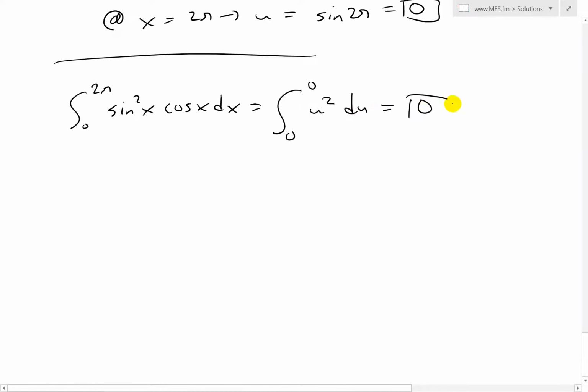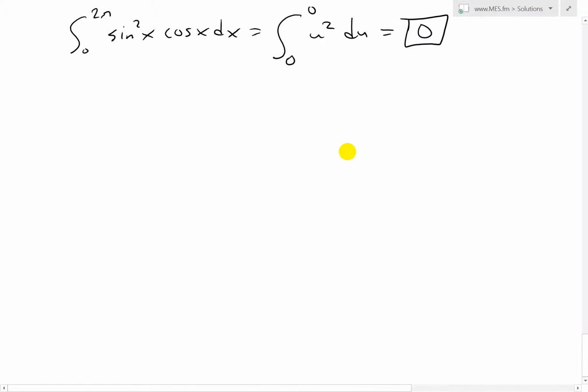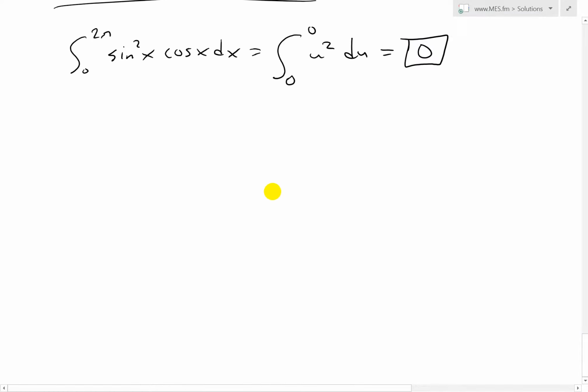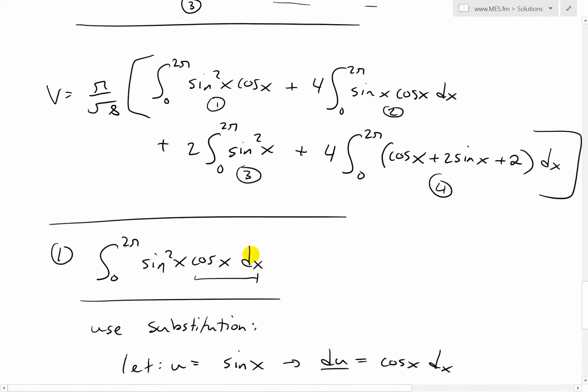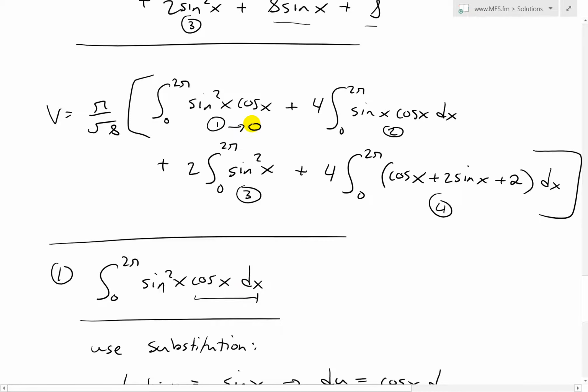We don't even need to evaluate it because the integral is from 0 to 0, so it has no net area. You can learn more about this in my earlier videos on integration and their properties. So now that we have that 0, let's go back up. This whole integral is equal to 0.